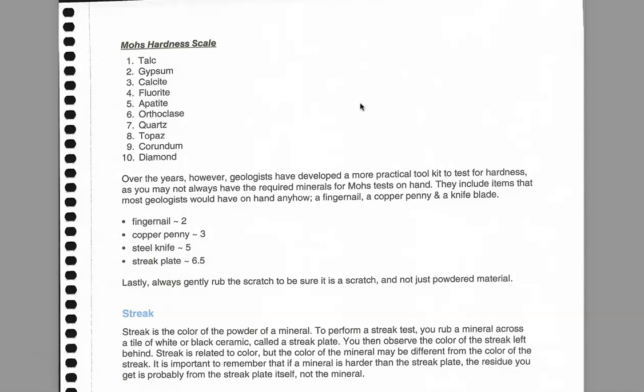Now, if it leaves a white mark, you think it's a scratch, blow on it a little bit, try and rub it off a little bit, see if it disappears. If it stays, you actually scratched it. Also, you don't want to peck at it because that's testing a different property, sort of like chipping at it. That's called brittleness.